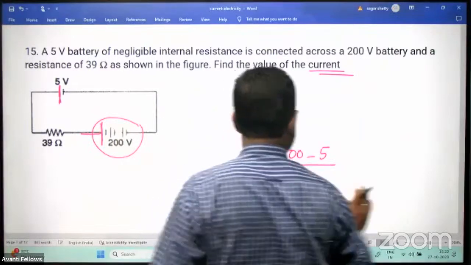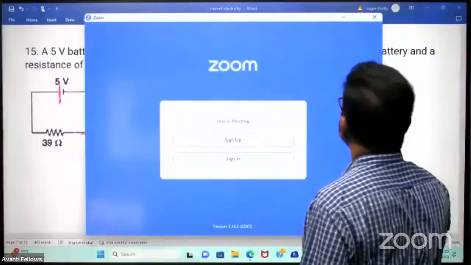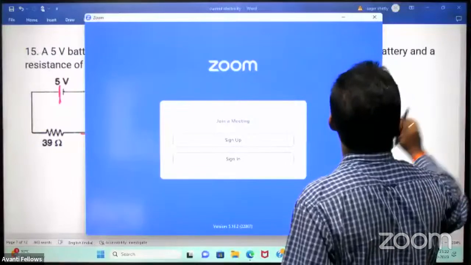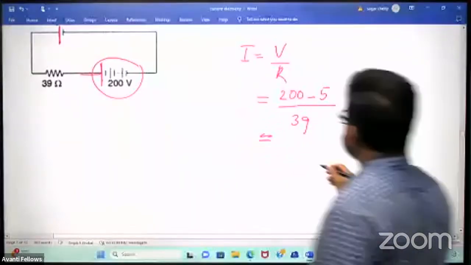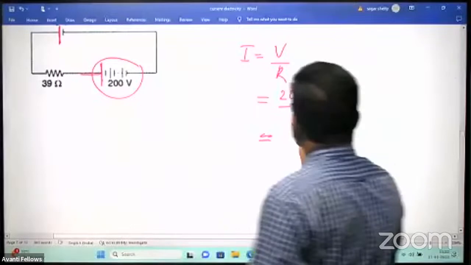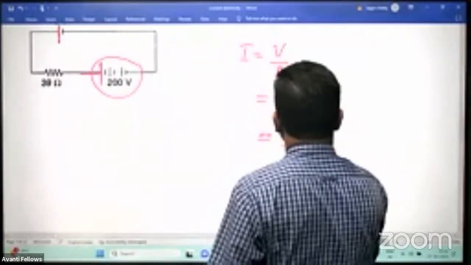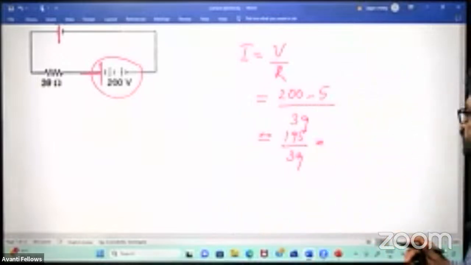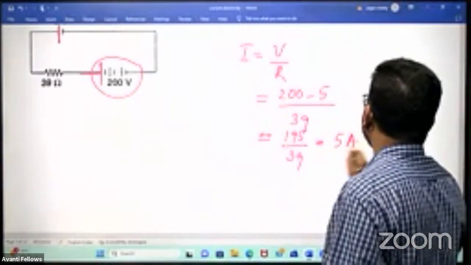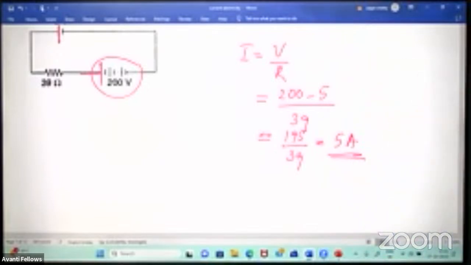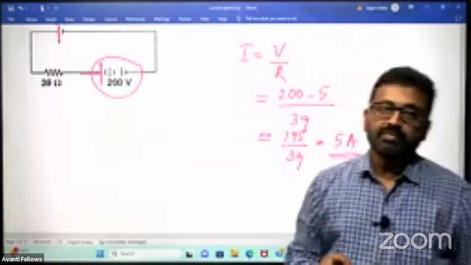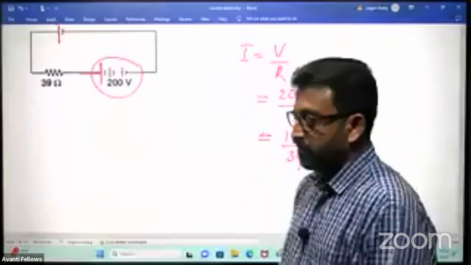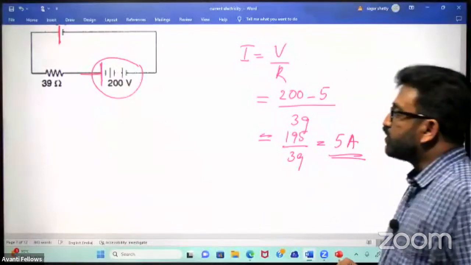So that is 195 divided by 39, which will be 5 ampere. 195 by 39, that will be 5 ampere is the current. Clear? So very simple thing. Okay, let's move on to the next one.